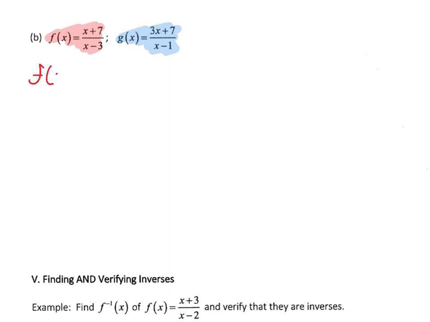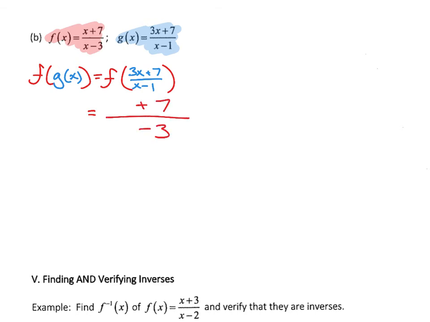If we do f of g of x, that means I'm plugging the g of x function into f of x anywhere you see an x. So f of x looks like this: we've got x plus 7 and x minus 3, but both of those x's are going to be that function, which means we've got fractions in our fractions, and we're going to have to deal with that.